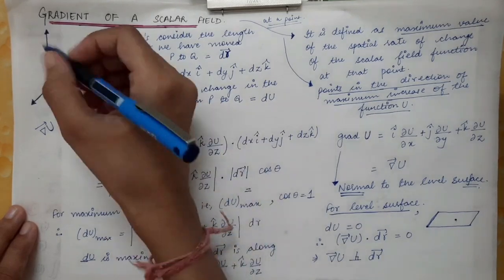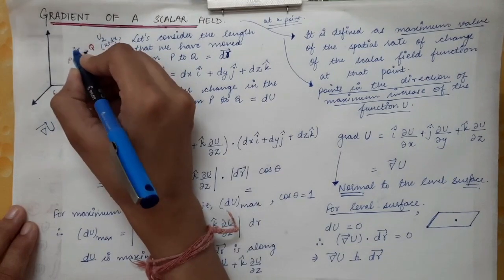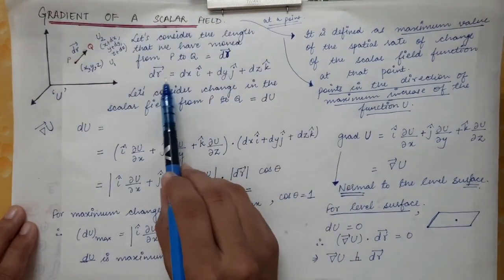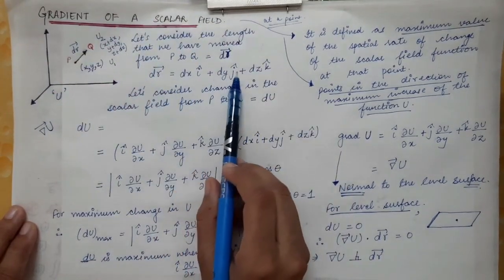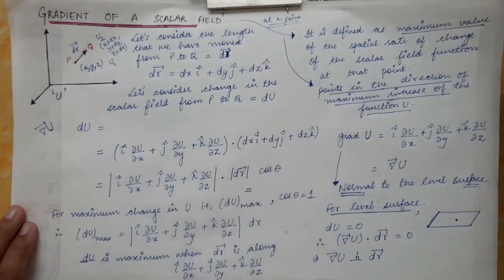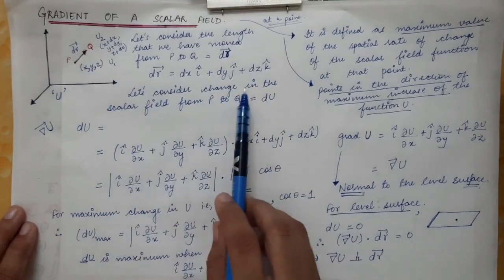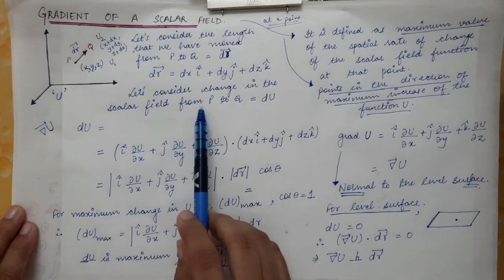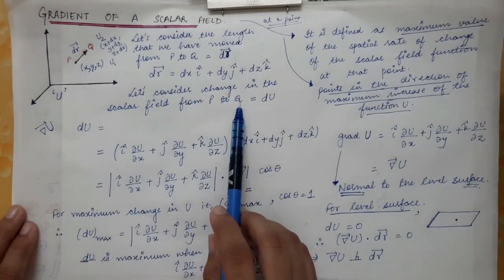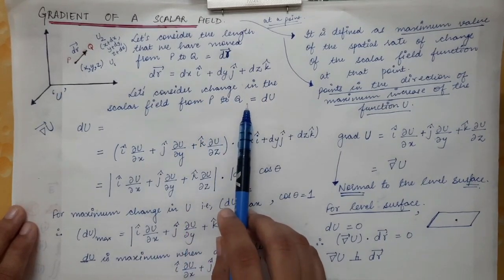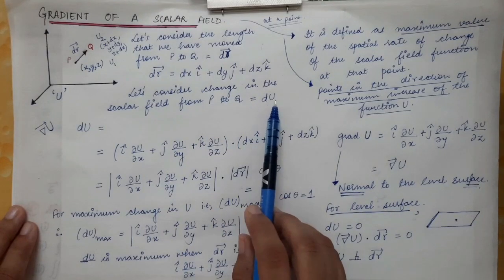So this vector will be the dr vector. So dr vector will be equal to dx i cap plus dy j cap plus dz k cap. Now let's consider the change in the scalar field when we are moving from point P to Q. Let's say that change in the scalar field is given by du.